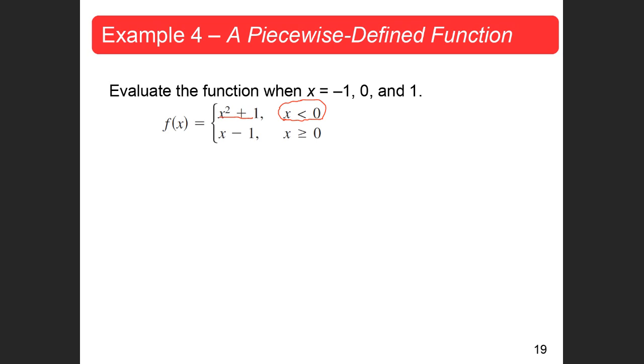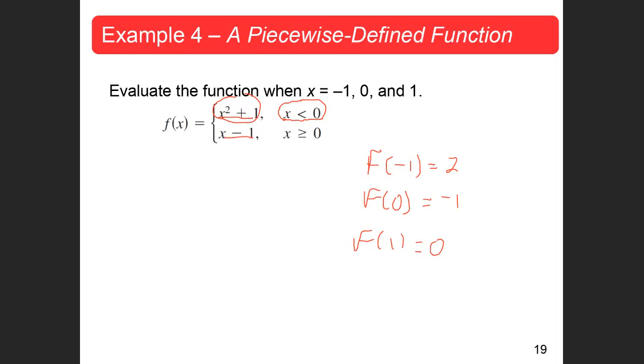Any value greater than or equal to 0, so 0, 1, 2, 3, you're going to use this function. If I ask you to find f of negative 1, I have to use this function. Negative 1 squared is 1, plus 1, so that would equal 2. If I ask you to find f of 0, that means I have to use this function. 0 minus 1 is negative 1. If I ask you to find f of 1, I'd have to use this function again. 1 minus 1 is 0.